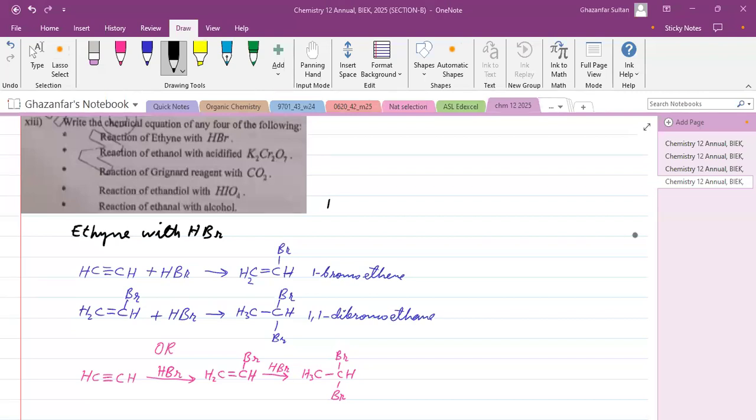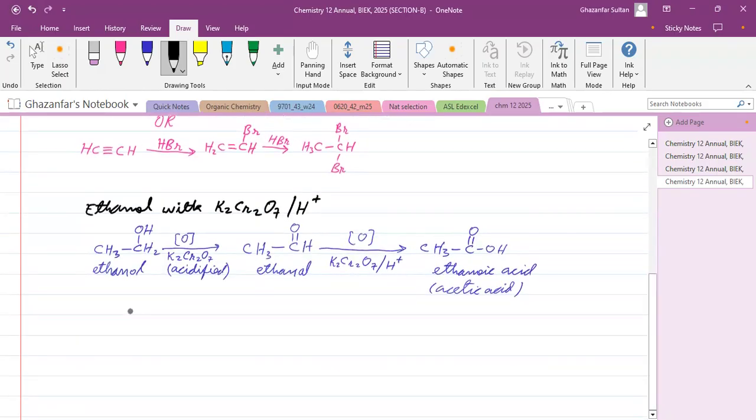The third reaction is the Grignard reagent with carbon dioxide, and they have not mentioned which Grignard reagent. So don't worry, you can use the smallest one. So the next reaction is Grignard reagent with carbon dioxide.